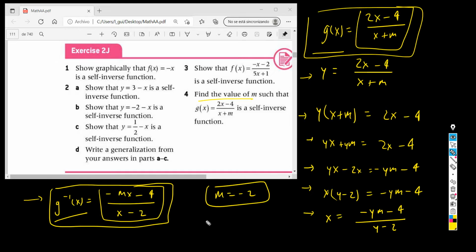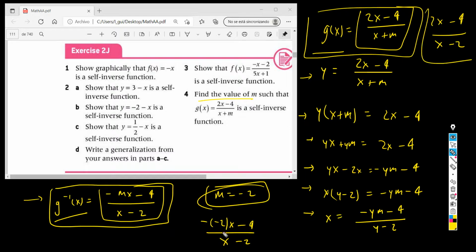In this case, it would be minus 2 times x minus 4 over x minus 2 if m is equal to minus 2. And in here, you will have 2x minus 4 over x minus 2. Right? And so look at this, and then take a look at this, which is minus times minus. That's going to be 2x minus 4 over x minus 2.